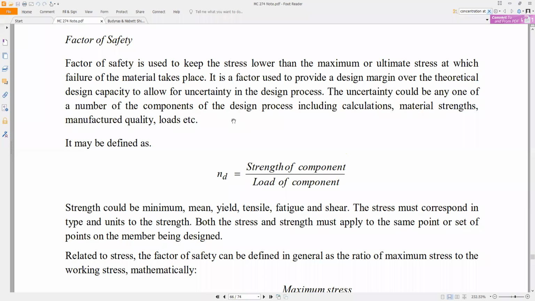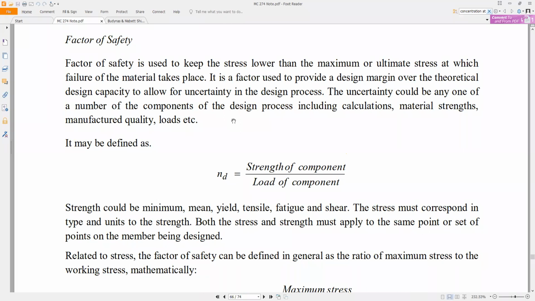And then also manufactured quality. During manufacturing, there are certain things that may happen. I mentioned earlier that there may be what are called residual stresses built up within the component, the surface finish of the material or the part, and many other things that may affect the strength of the part. So if a safe margin is not allowed or is not considered, it may make that part fail in cases where it's subjected to a high amount of loads.